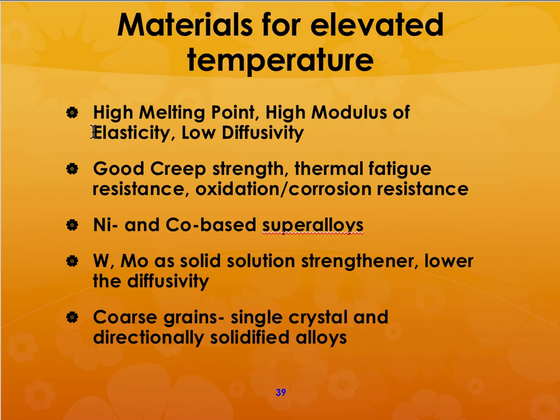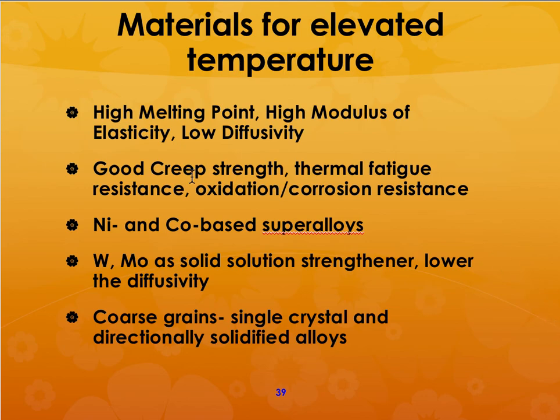High modulus of elasticity, low diffusivity, so fewer creep-active processes are active at this temperature. You need good thermal fatigue resistance, and you also need good oxidation and corrosion resistance.